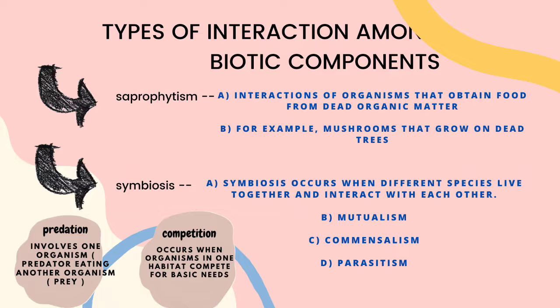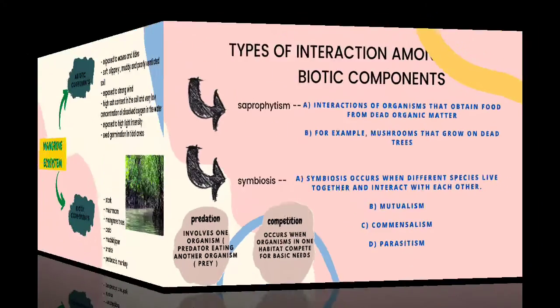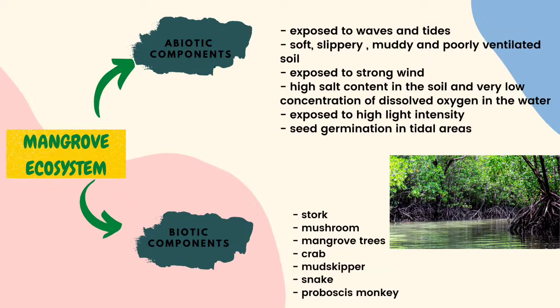Symbiosis occurs when different species live together and interact with each other, such as mutualism, commensalism, and parasitism. Competition occurs when organisms in one habitat compete for basic needs. Predation involves one organism.